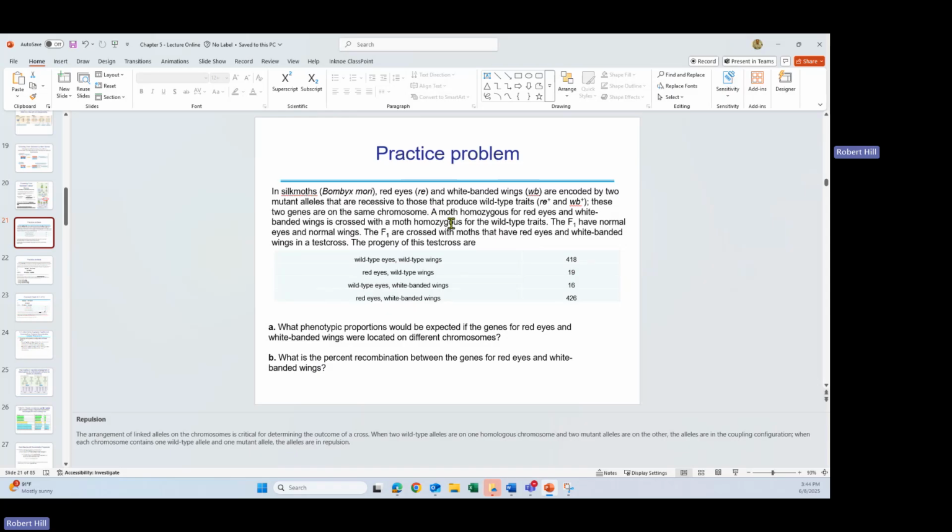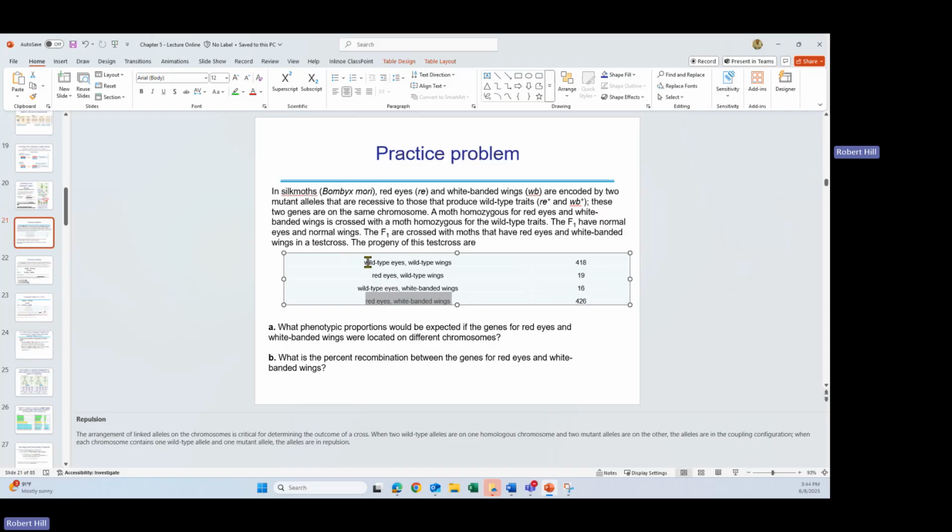So the original parents of what we're seeing here are these: the moth homozygous for red eyes and white banded wings is crossed with the moth homozygous for the wild type traits. Okay, so those are your non-recombinants, because they were present in the parents.